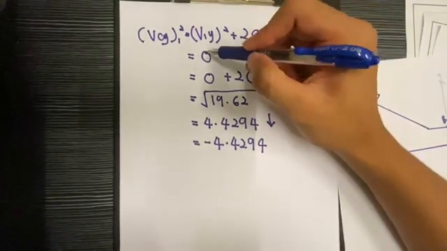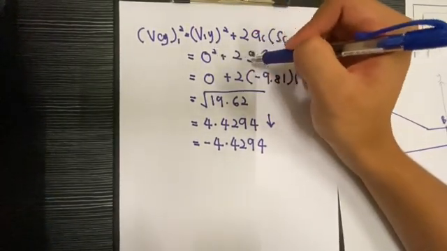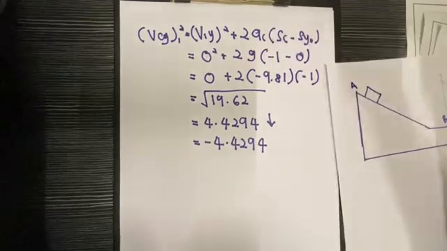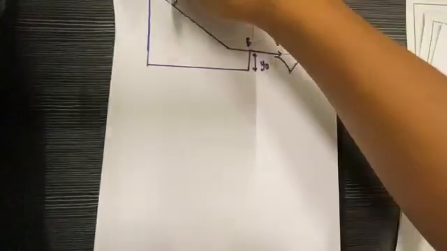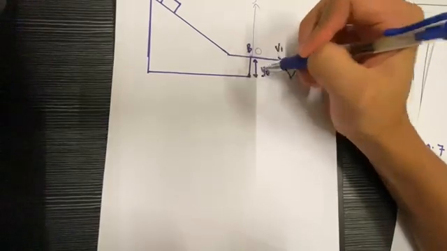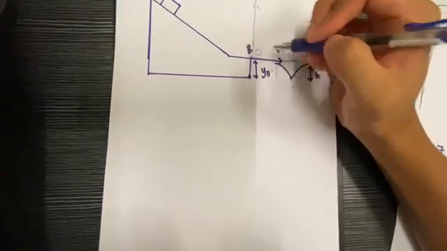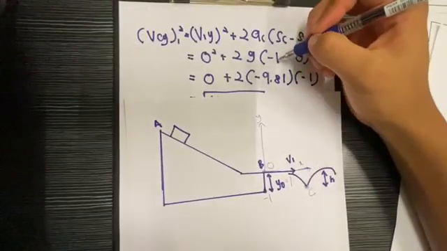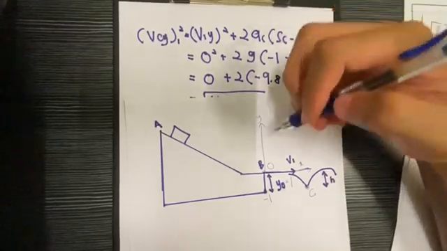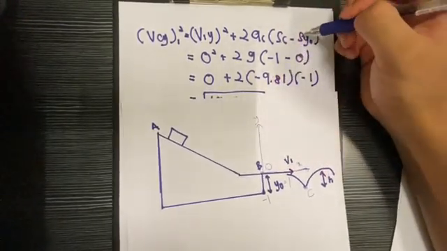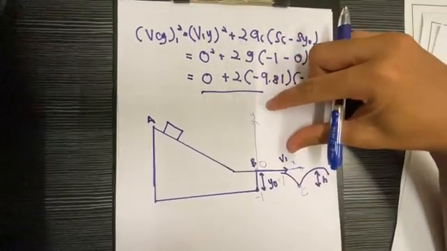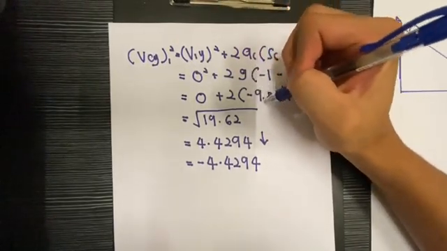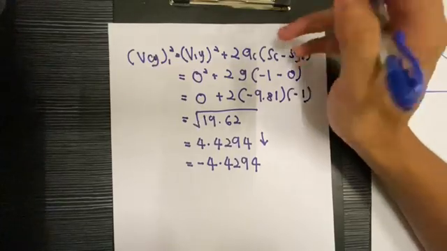So it is 0 squared plus 2g, we replace a with g, gravity, divided by the displacement here, B to C, here minus 1 minus 0, SY naught here. So we calculate 0 plus 2 times gravity, negative 9.81, divided by negative 1.